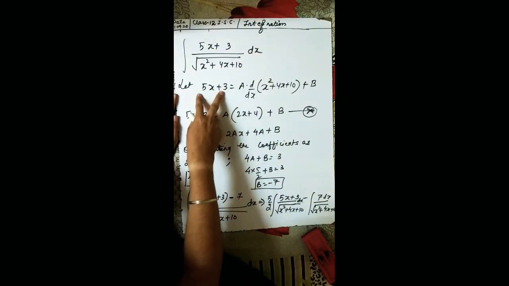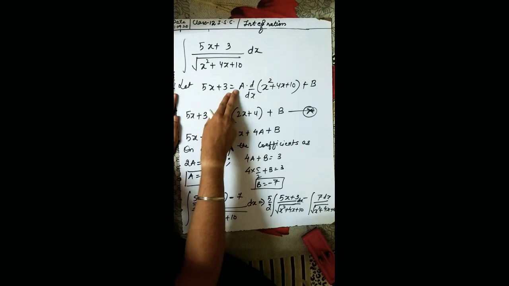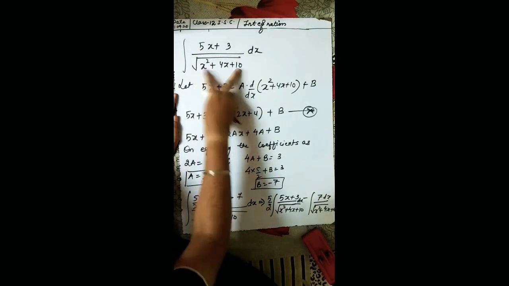So for 5x plus 3, I told you we put the numerator equal to A times d/dx of this thing.